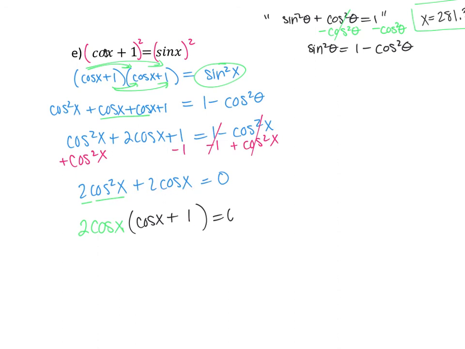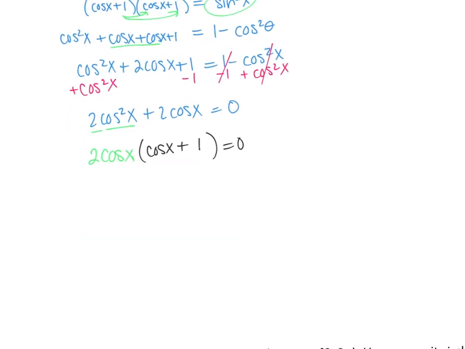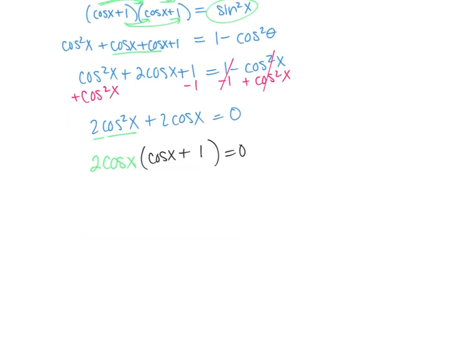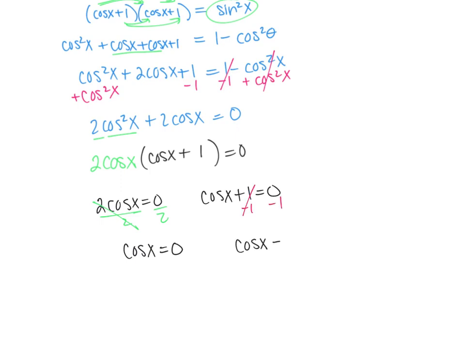So now that I factored out the GCF, I can set each factor equal to 0. If I set each factor equal to 0, I'm going to divide by 2 for this one. And so my cosine is equal to 0. And then for this one I just need to subtract 1. And so cosine is equal to -1.